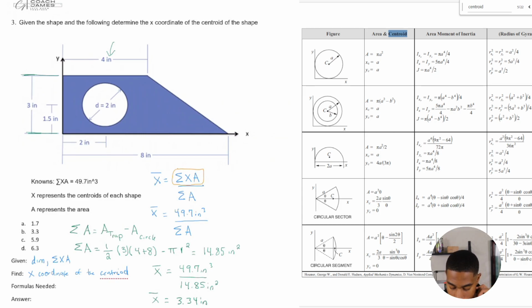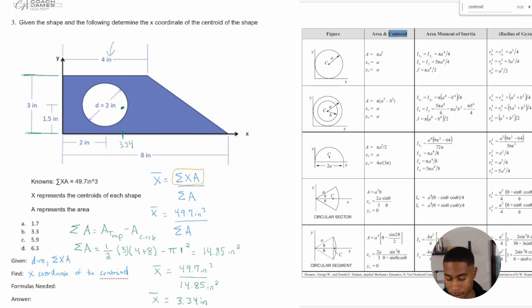So we look at our X coordinate and our Y coordinate, and the centroid of this thing is going to be around 3.34 for X. So I'm thinking it's going to be about here, and that makes sense, right? And I'm thinking for Y bar, it might be there, maybe.